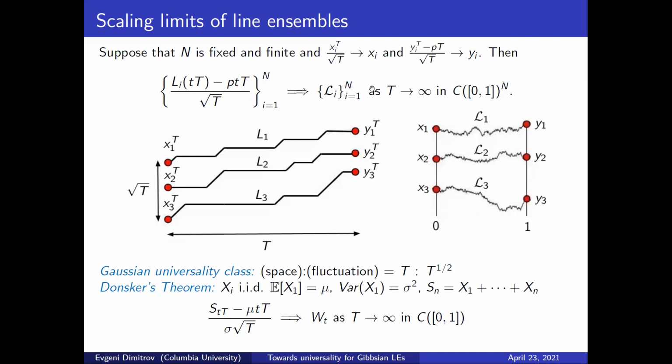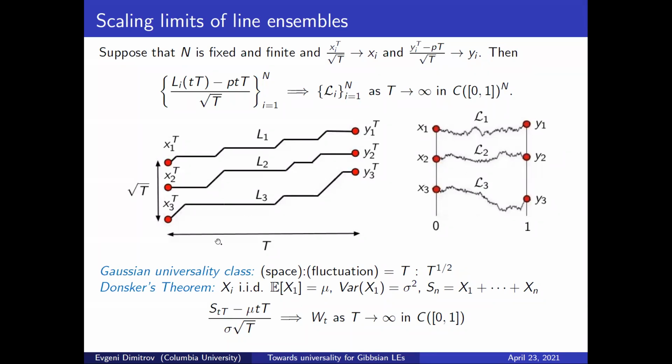If this is the case, then the entire line ensemble converges if you spatially rescale it by t and vertically rescale it by square root of t, or again subtract this global slope. In fact, it converges to nothing but finitely many Brownian bridges between the x's and the y's that are, again, conditioned on avoiding each other.